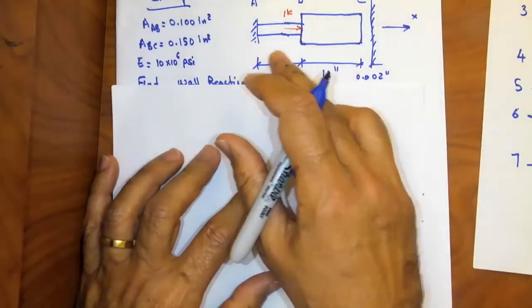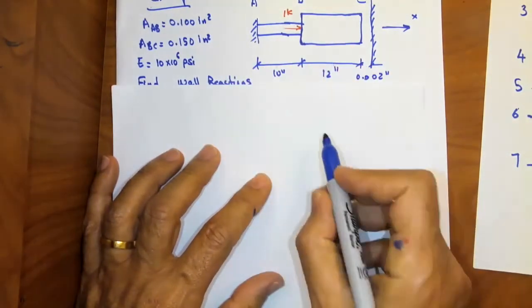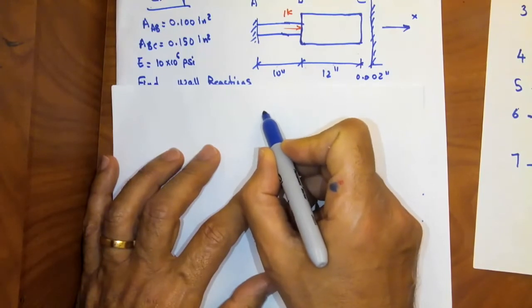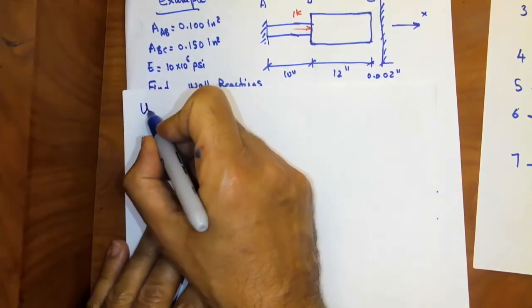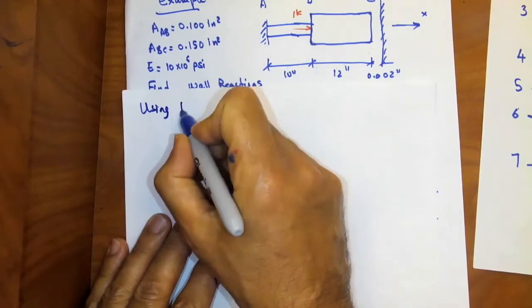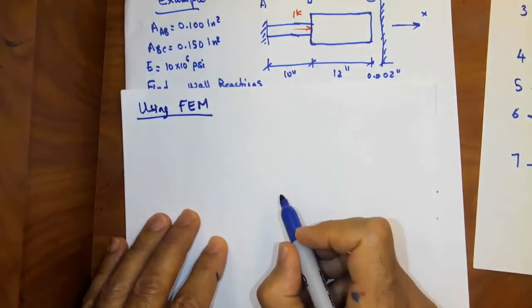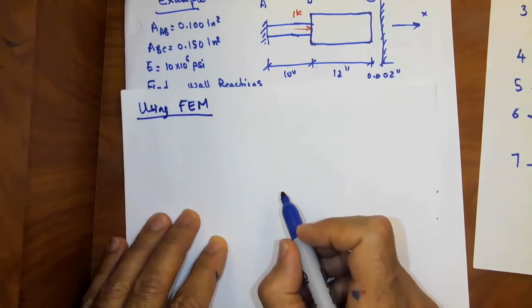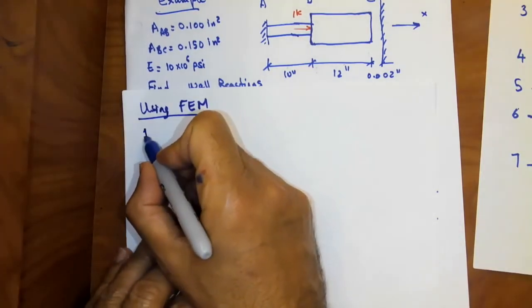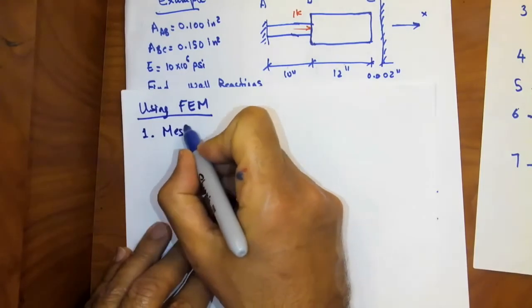This is physically apparent, so I'm going to use simply two elements. So here I'm going to solve it using FEM, and I'm going to start by first meshing.